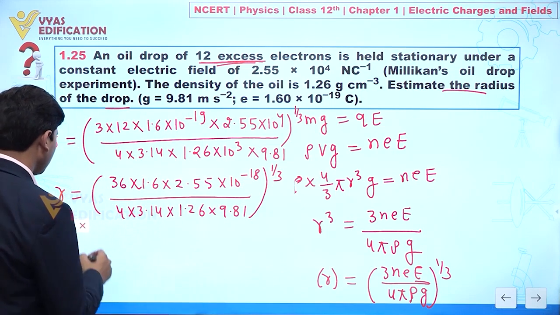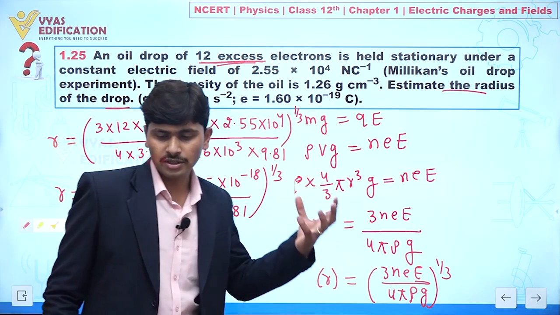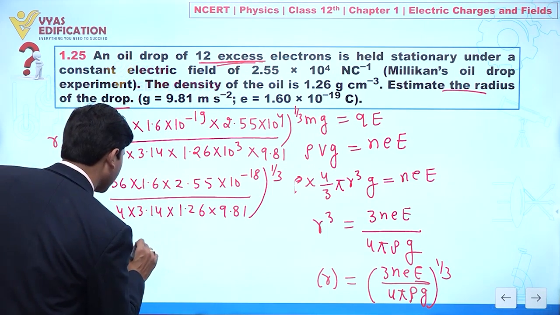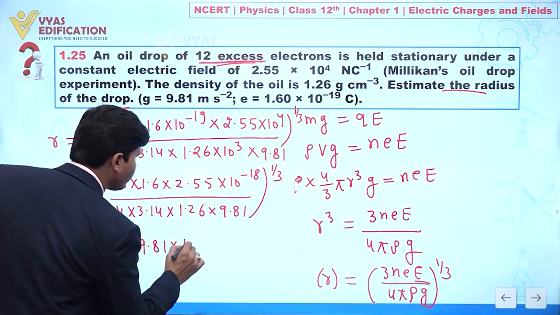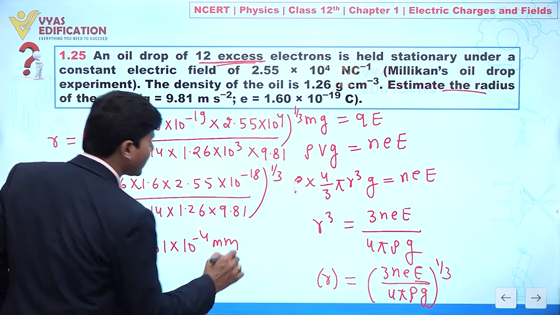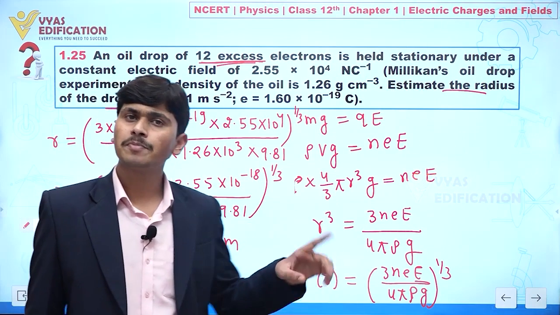You can take an approximate calculation, and finally what you will get here, that is important, is 9.81 into 10 to the power minus 4 mm. You can easily calculate that 10 to the power minus 18 to the power 1 by 3 means 10 to the power minus 6.